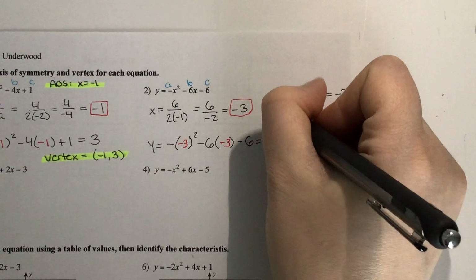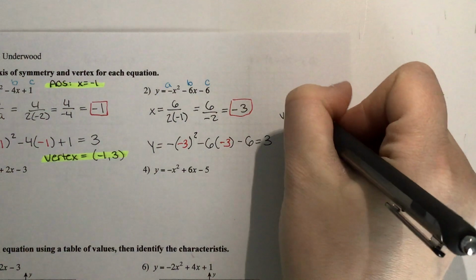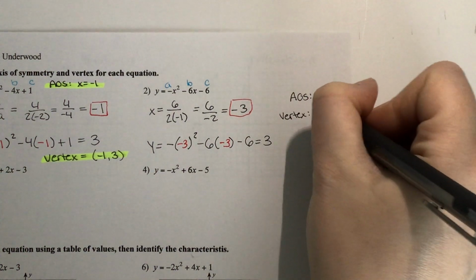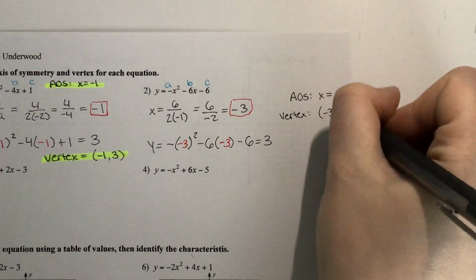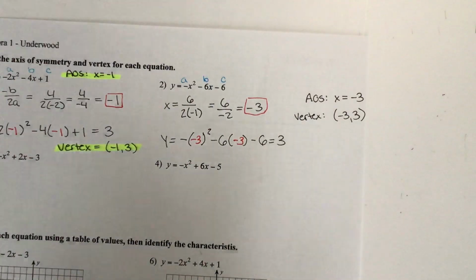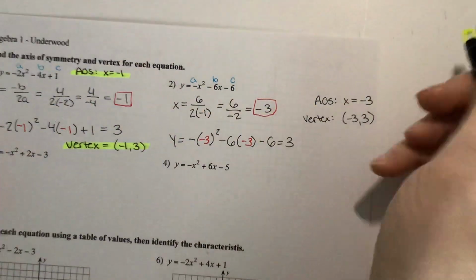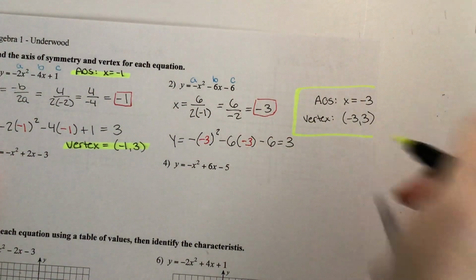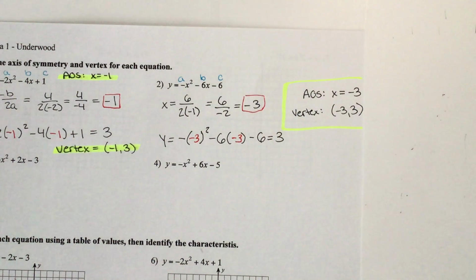Okay, so axis of symmetry is x equals -3. Vertex, -3, 3. There you go. I'm not going to highlight it this time. I'm just going to box it because I don't want to get ink in my highlighter.